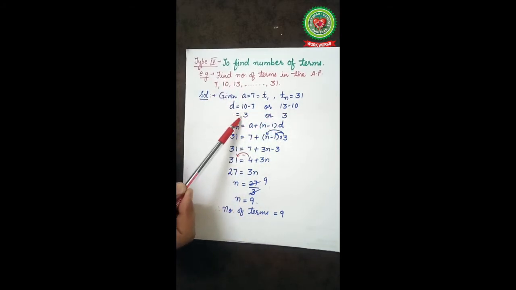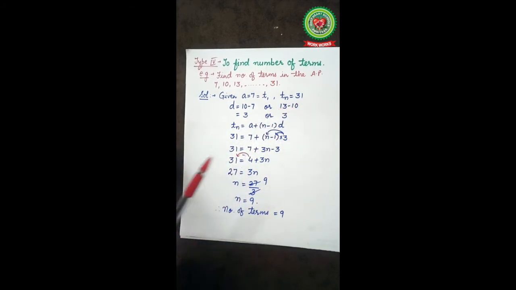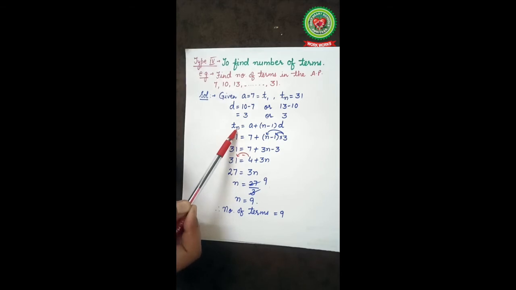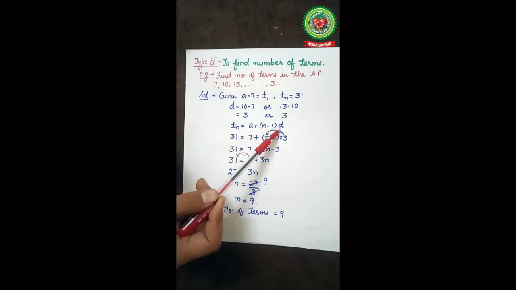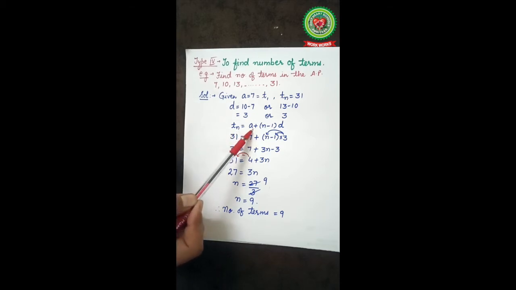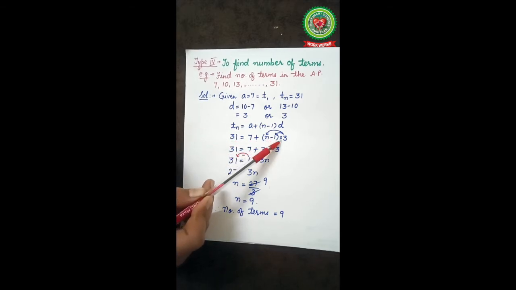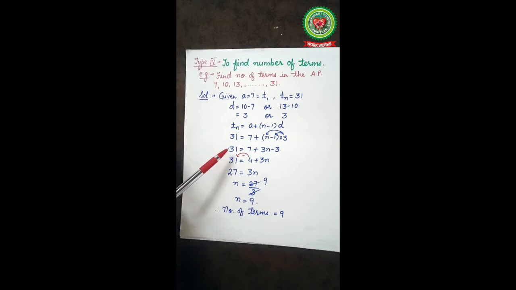So, we get d is equal to 3. Now here Tn is equal to 31 and the formula for Tn is a plus (n minus 1)d. Put the value of Tn, a and d. So it will become 31 is equal to 7 plus (n minus 1) multiplied by 3.